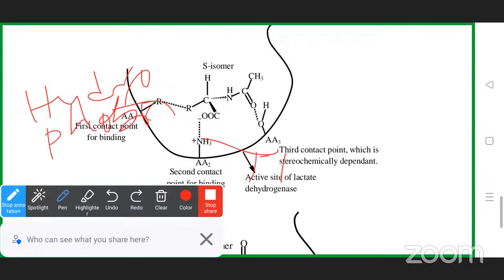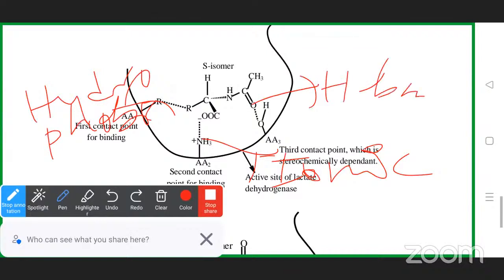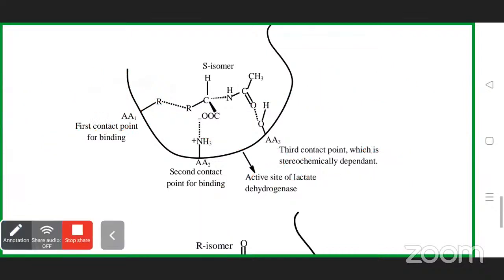So in this way, we have the various interactions of the S isomer.